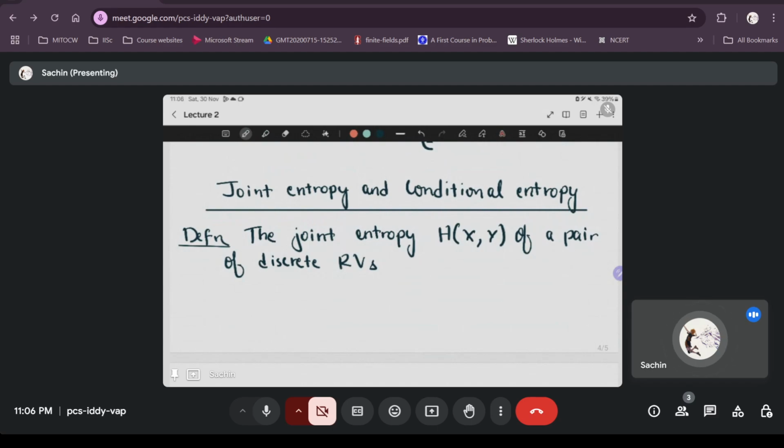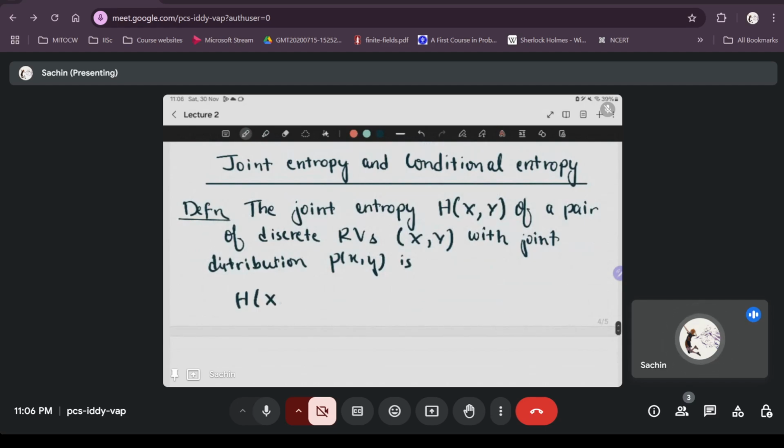So for a pair of discrete random variables X, Y with a joint distribution p of x comma y, the joint entropy H of X comma Y is defined as follows: minus summation over all x in the alphabet and over all y in the alphabet, p of x comma y log p of x comma y.